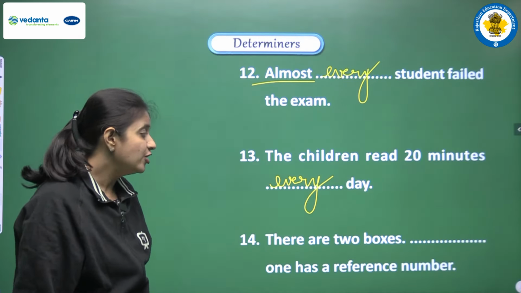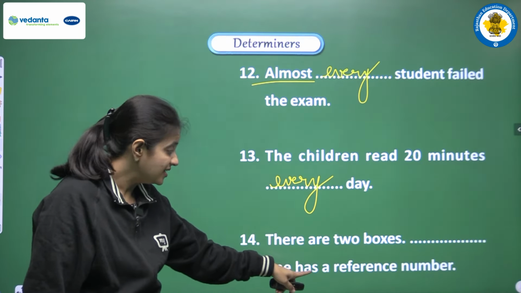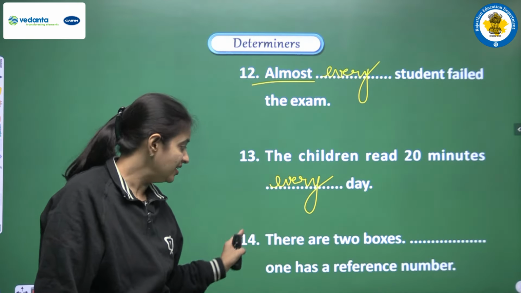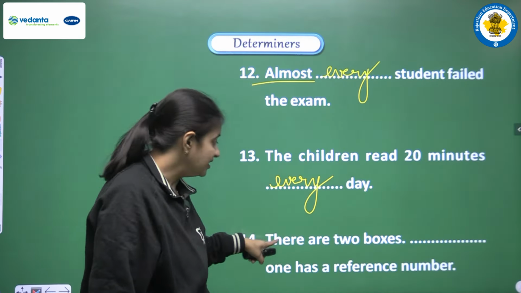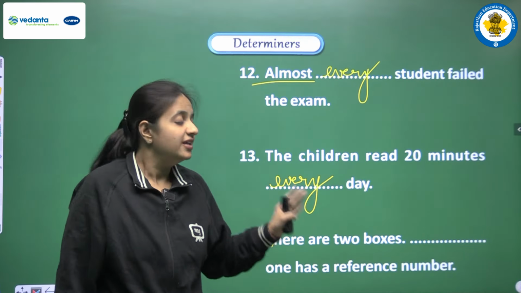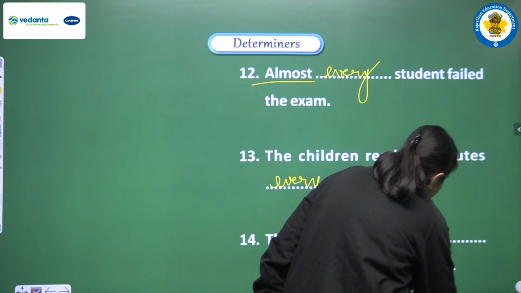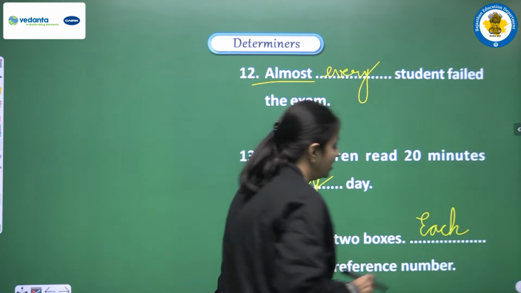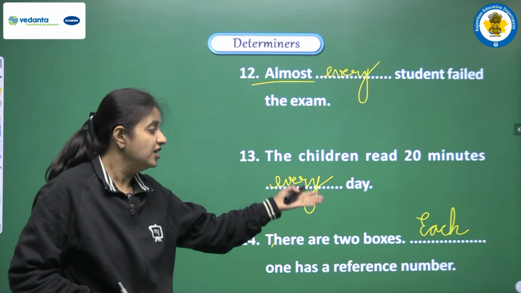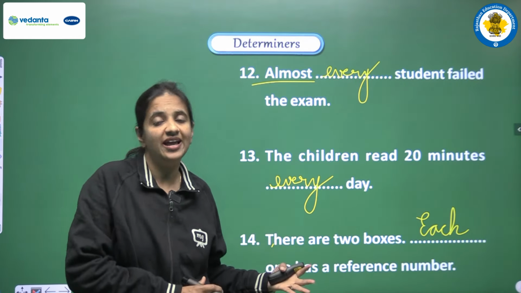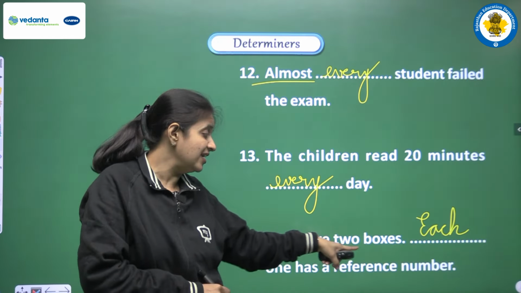Next is there are 2 boxes. One has a reference number. So here also observe the sentence very carefully. First of all we are saying that there are 2 boxes. Clear? Next we are saying that one has a reference number. So here our answer will be each, and we are saying that suppose there are 2 boxes. So next we are talking about both the boxes as an individual, and we are saying that each one has a reference number.